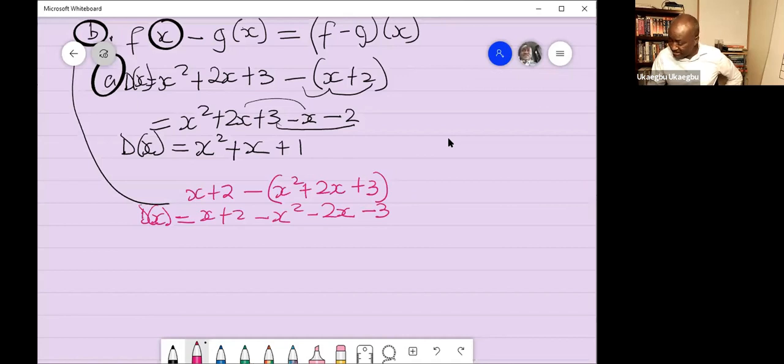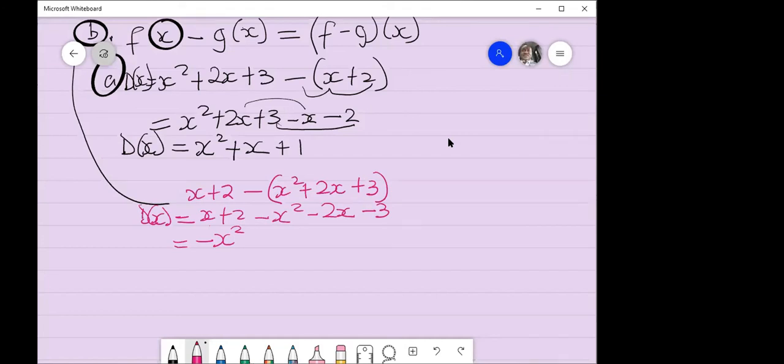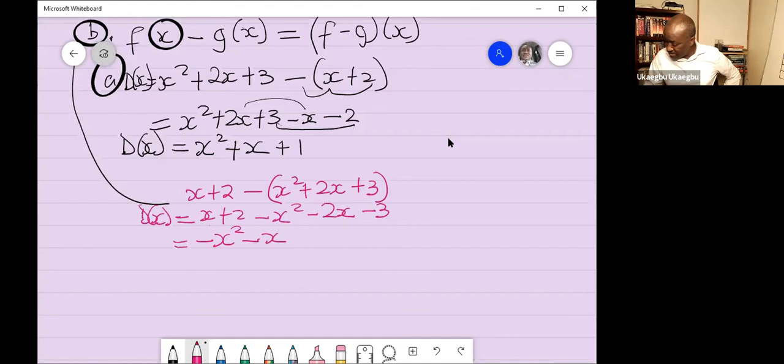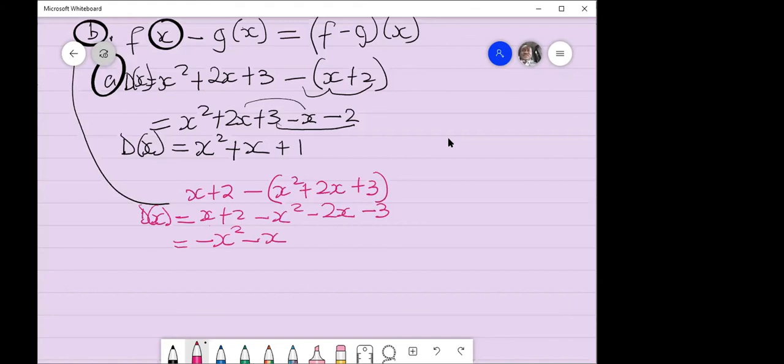When we combine like terms, we are going to have negative x squared by itself. And then we combine x minus 2x, which is going to give us what? Negative x. Yes. So how about plus 2 minus 3 is what? Negative 1.